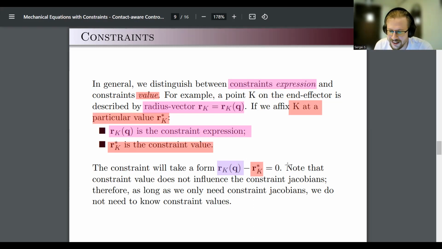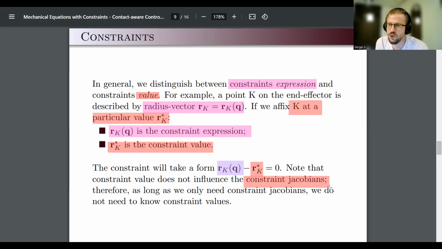But note, constraint value does not influence constraint Jacobians. Constraint Jacobians are not influenced by constraint value. So if you only need Jacobians, you don't need to know constraint value. You only need constraint expression. That is quite an important observation to make. Like, you don't need to know how high the leg of your robot is if all you need is a constraint Jacobian, right? That is counterintuitive in a sense. But it shouldn't be.